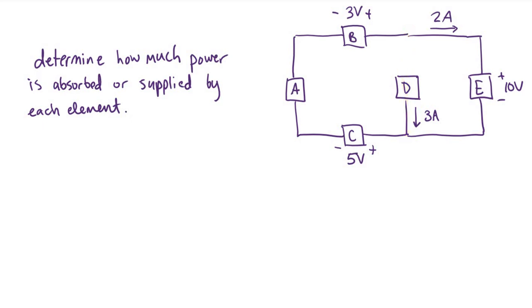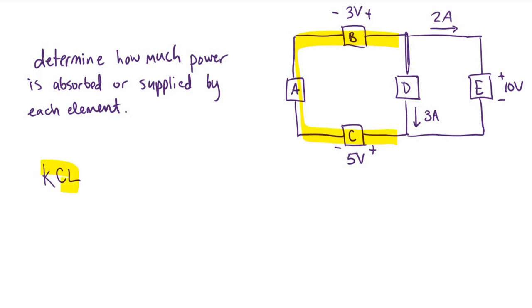But we're missing current in our leftmost branch containing 3 elements. So what we'll do is use our KCL from last class to determine the current in the leftmost branch. That's here.